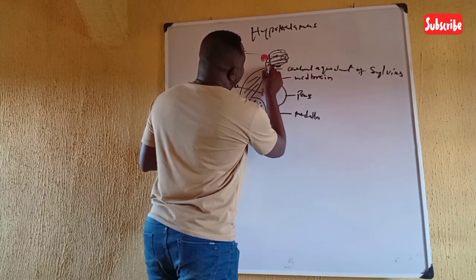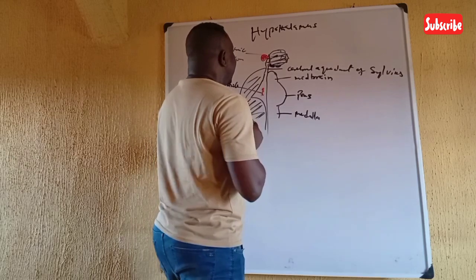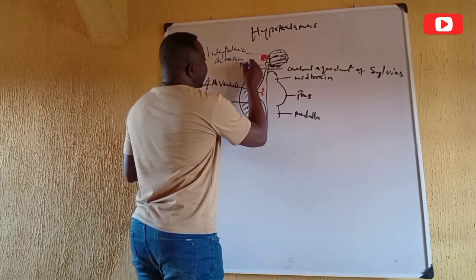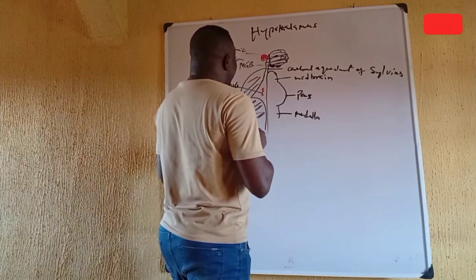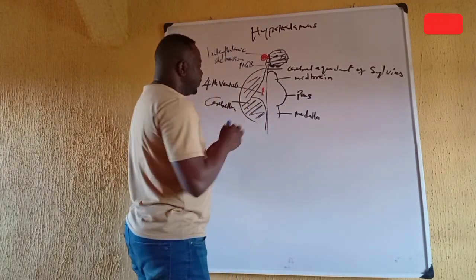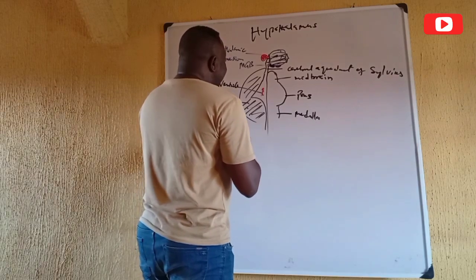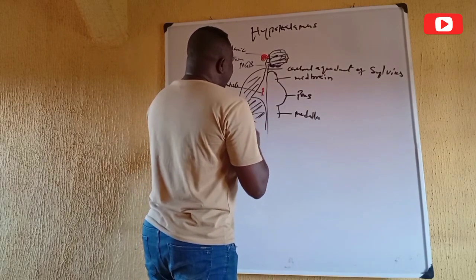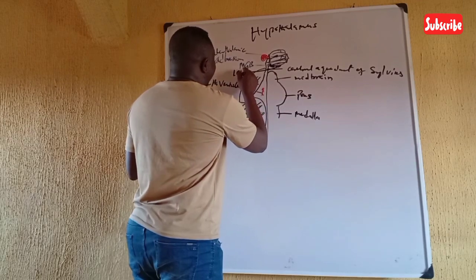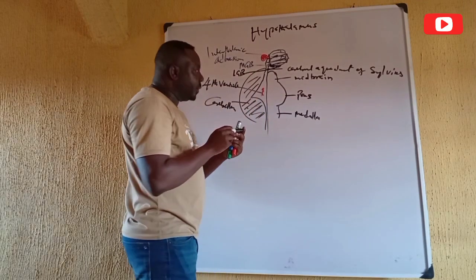The one lying medial is called the medial geniculate body, which is implicated in audition. The lateral one is called the lateral geniculate body, and it is implicated in vision.